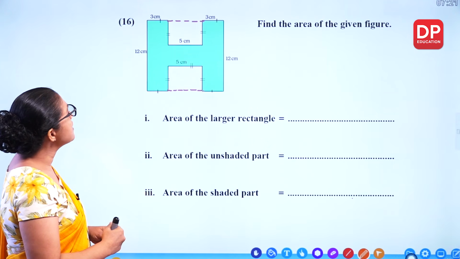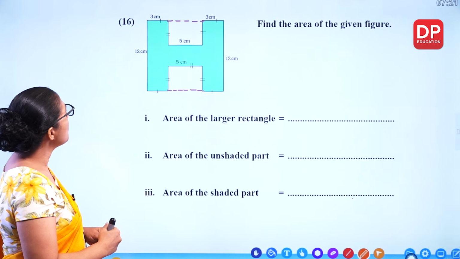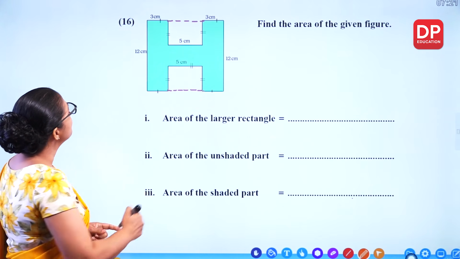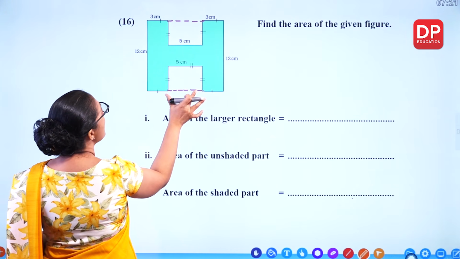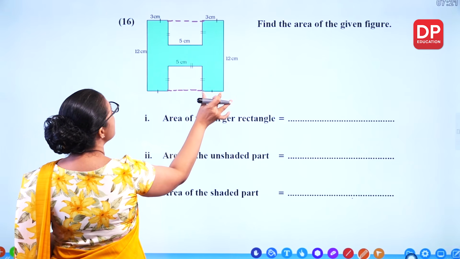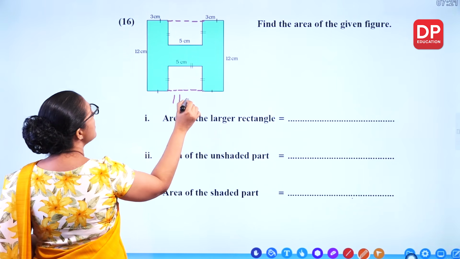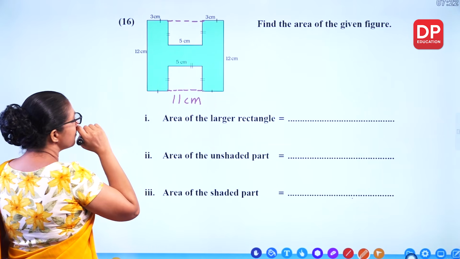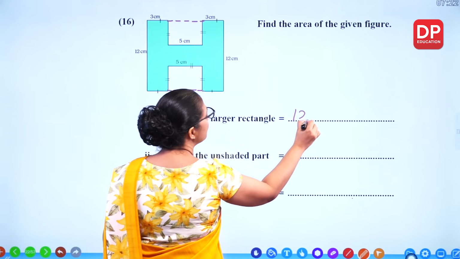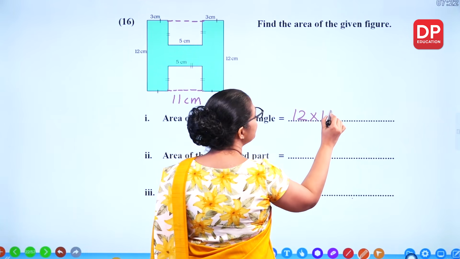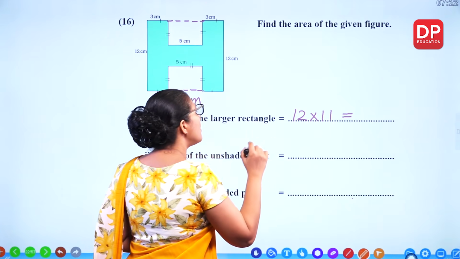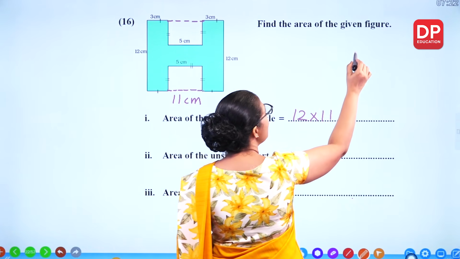Area of the larger rectangle. What's the length? This is 3, this is 5, this is 3. 5 plus 3, 8. 8 plus 3, 11. So that's the breadth. So length is 12, breadth is 11. So do you know how to multiply by 11?